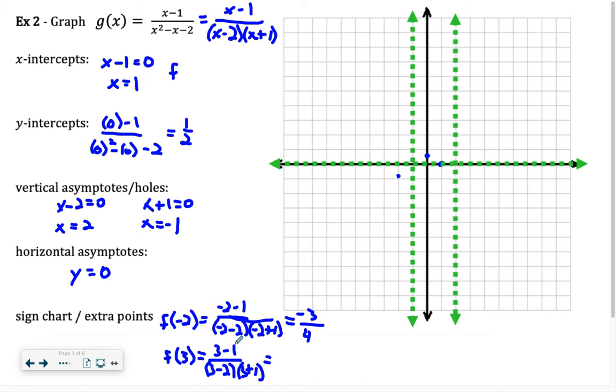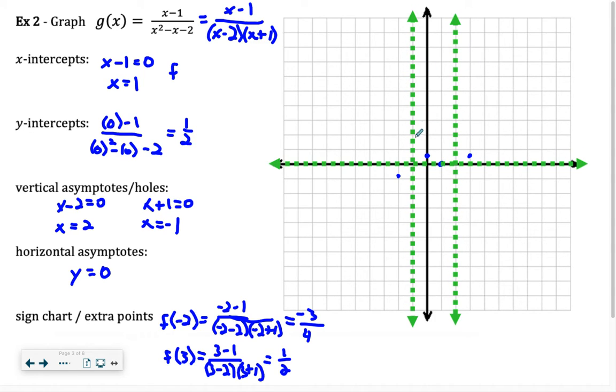So that'll be 2 over 1 times 4. So 2 over 4 would be 1/2. So the point (3, 1/2) is on my graph. Okay? So that tells me that this piece is going to be contained up here.